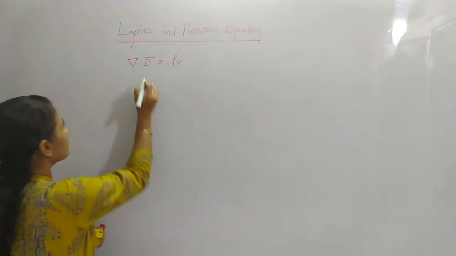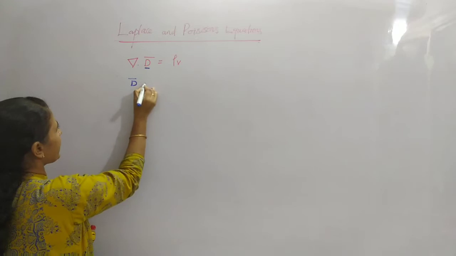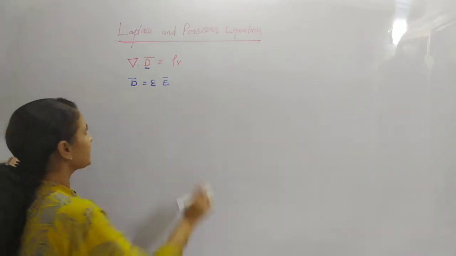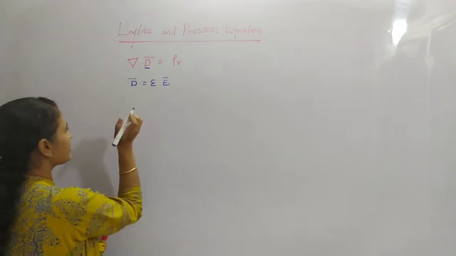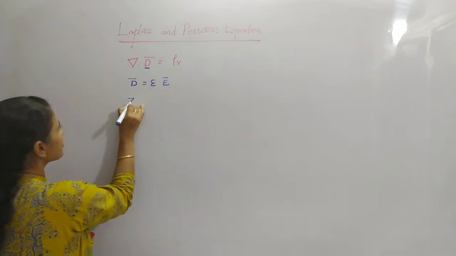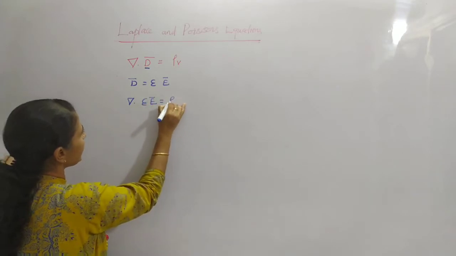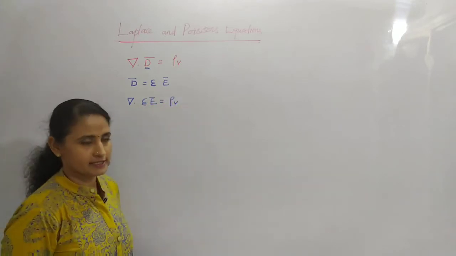We know D bar is epsilon times E bar. Let us substitute D bar as epsilon into E bar. So, del dot epsilon E bar is rho v, the volume charge density.